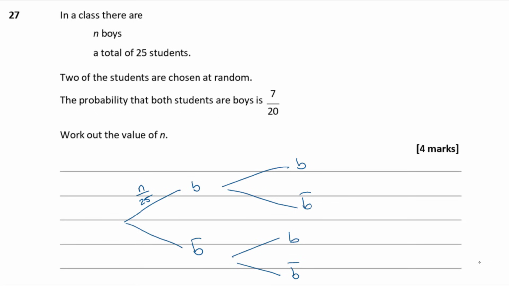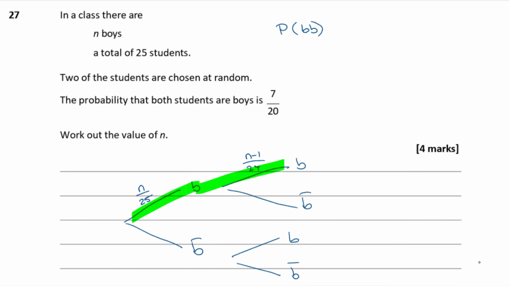Okay, and then the probability that you picked a boy the second time, well, you've got one less boy to pick from, and you've got one less student to pick from, so it's (n-1)/24. So if you wanted the probability of boy, boy, it's going to be this route through the tree diagram, isn't it? Up here and then along here.